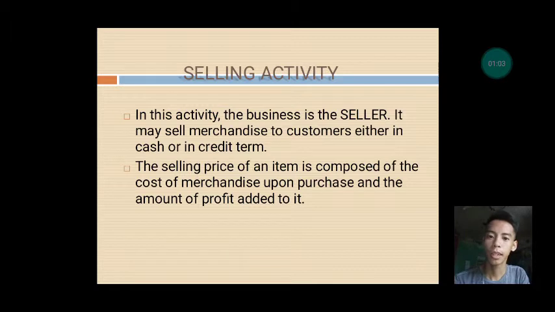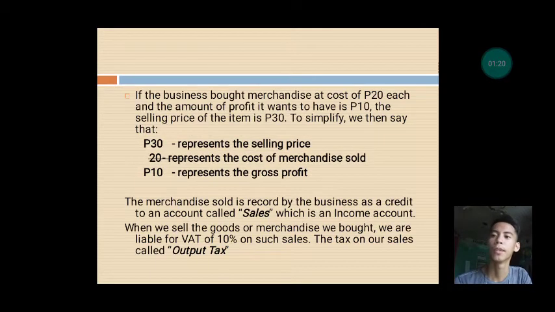So we are now in a selling activity. In this activity, the business, the seller, may sell merchandise to customers either in cash or on credit terms. The selling price of an item is composed of the cost of the merchandise upon purchase and the amount of profit added to it.